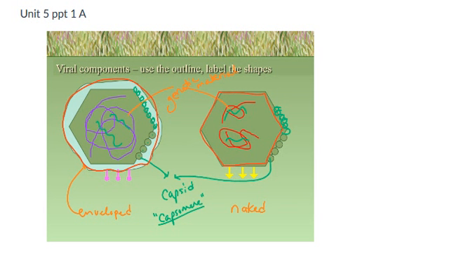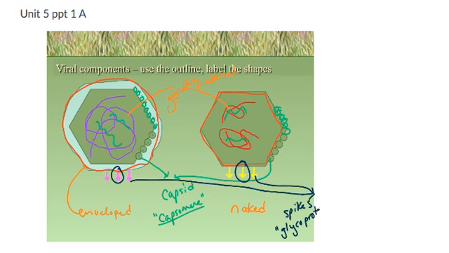So next, you see all of these little spikes. Notice that you have pink ones over here on the left and you have the yellow ones on the right. These things are actually known as spikes. They are glycoproteins. Glyco implies sugar, so they are made up of a combination of sugars and proteins.